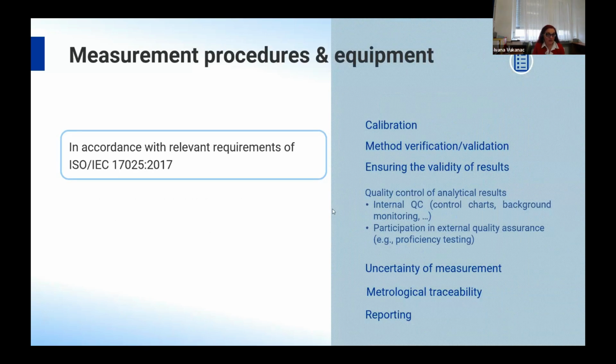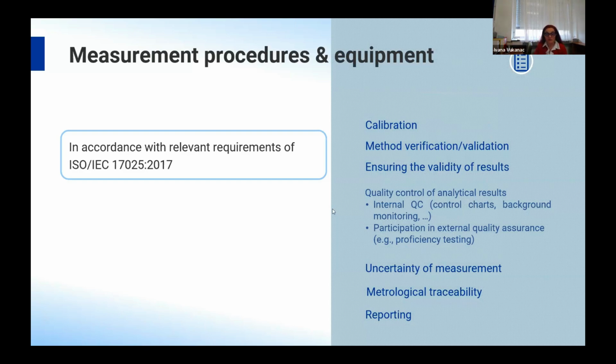Next, subclauses 7.6 and 7.7 are about the requirements for measurement procedures and equipment to be used in the reference material production process. Basically, they say that measurement procedures and equipment maintenance shall be in accordance with ISO 17025.